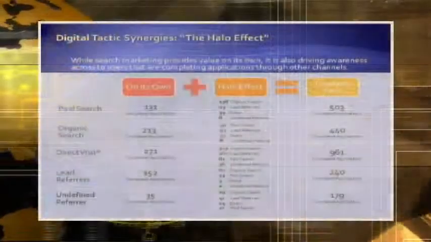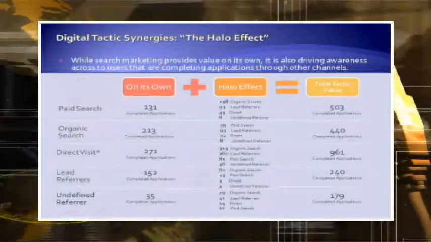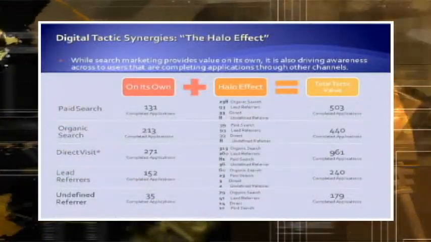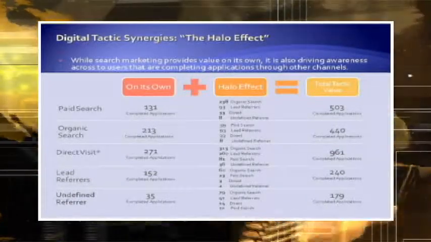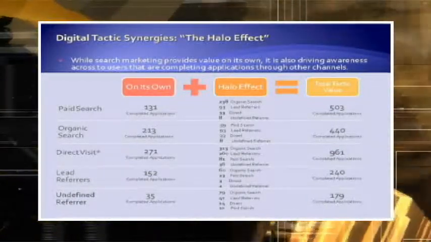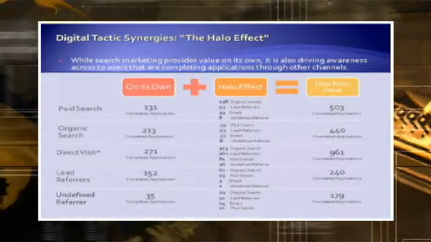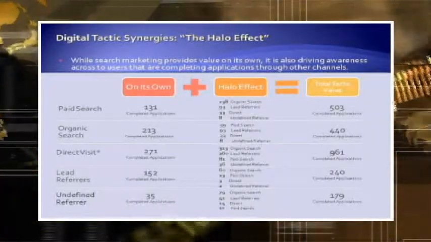So this is one example of how we think about that, in terms of what I was talking about earlier: introducer, influencer, closer. On its own, paid search drives 131 applications. The halo effect, all those other things that it touched and influenced, drive another 400, 300 applications that complete, for 503 total applications.